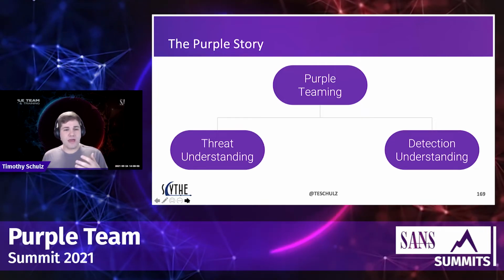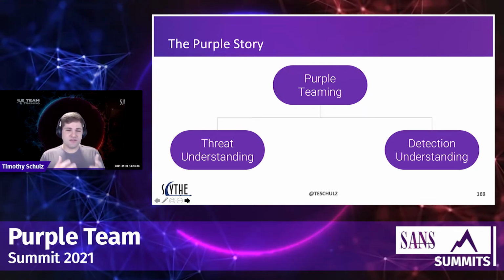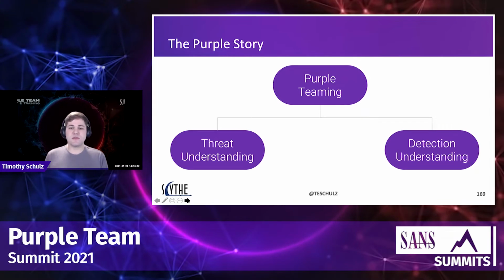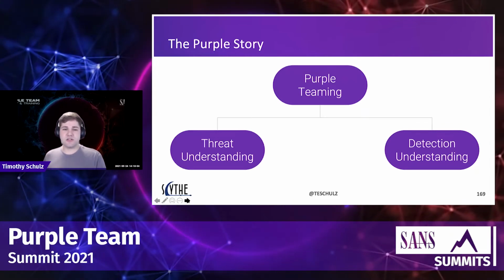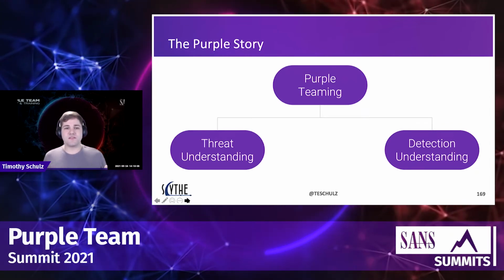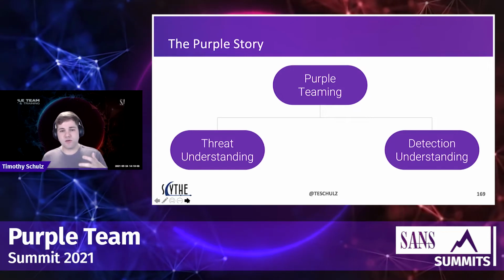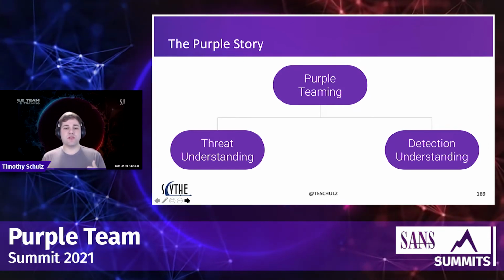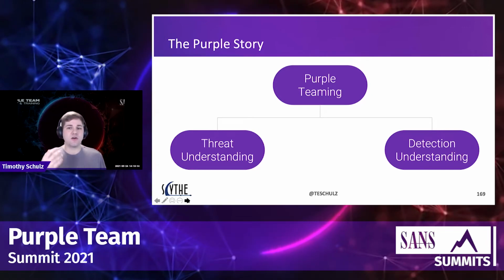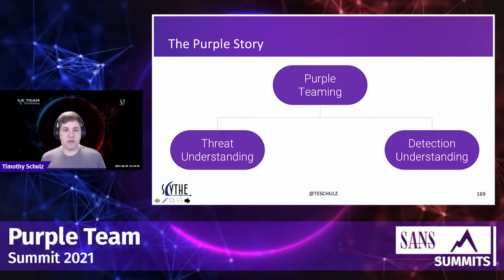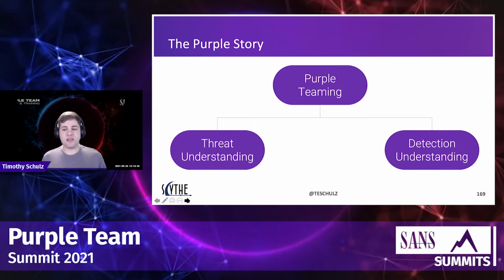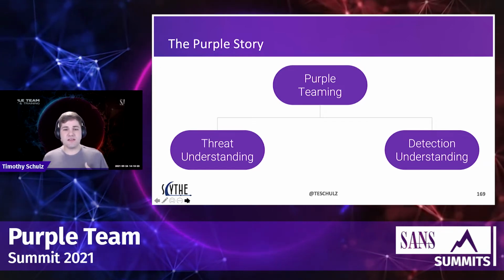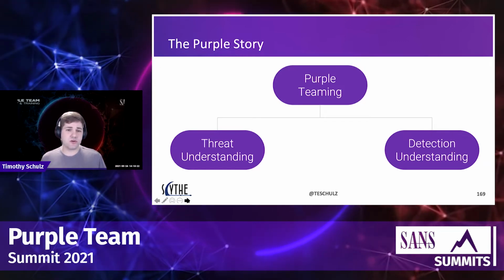If you have a red team background, you might easily see yourself within threat understanding, same with the blue team working in detection understanding. But overall, these are the two main categories that we're going to be working with to understand how we can continue to build out this team, and how we can identify gaps in our team when it comes to understanding the threats and our security posture within our organization.